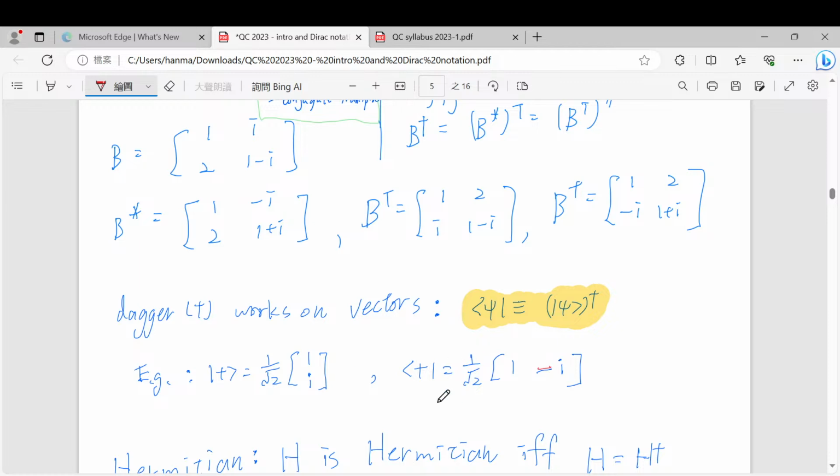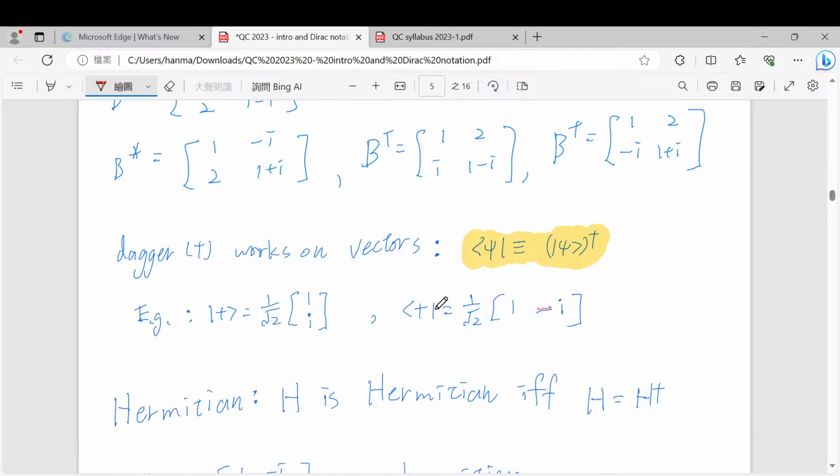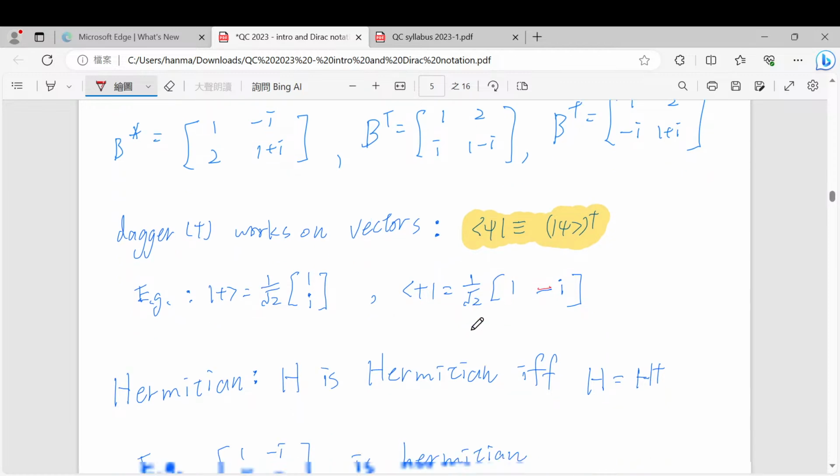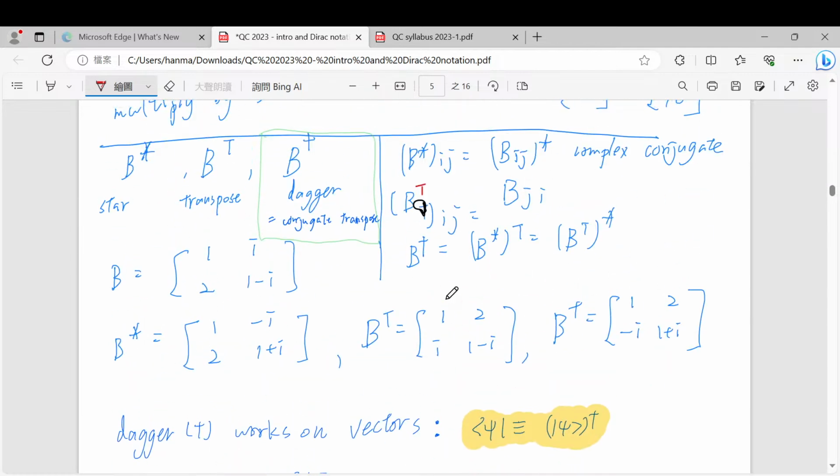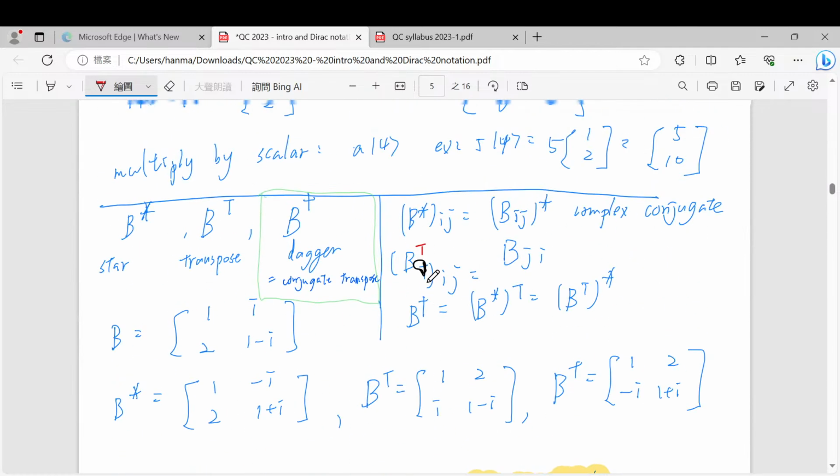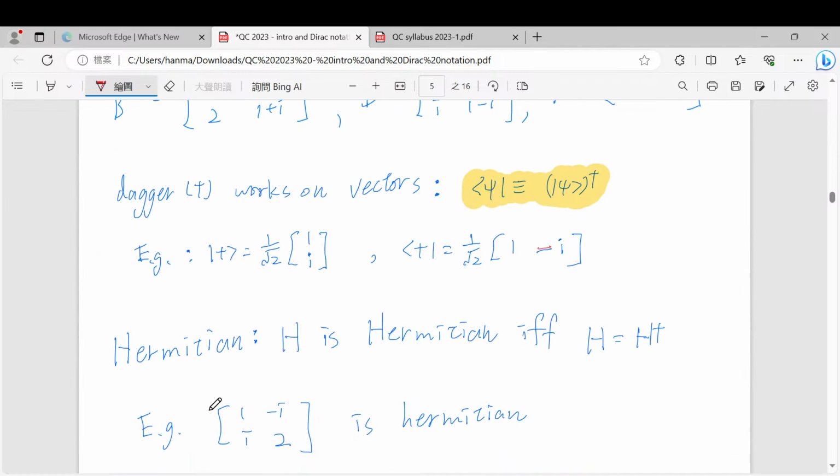So this 1 over square root 2 doesn't change, and 1 is still 1, but then you get a minus i here. Okay, so this is the plus state with the dagger applied onto it, the bra. And we'll see that it is useful when we define inner product. And then with those operations, we can define some properties on matrices.